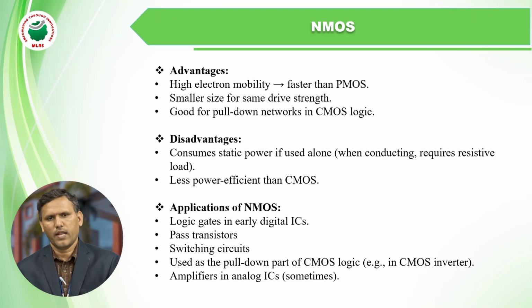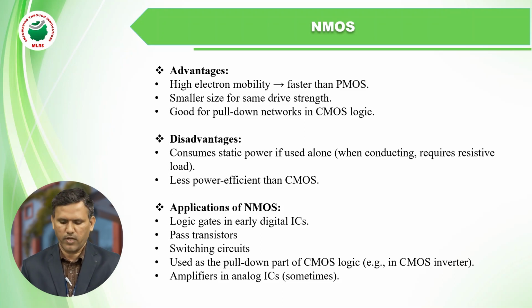High electron mobility means in N-type material the electrons are heavily doped, hence more electron mobility is available in the N-type MOS. Disadvantages: it consumes static power if it is used alone, when conducting it requires a resistive load, and it is less power efficient than CMOS.